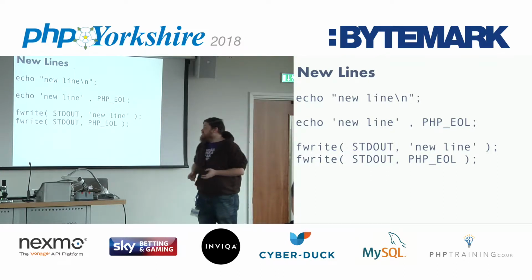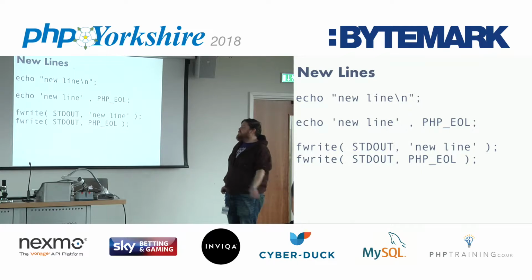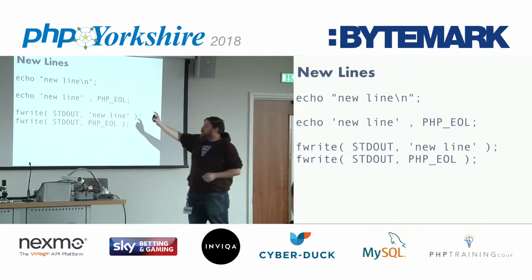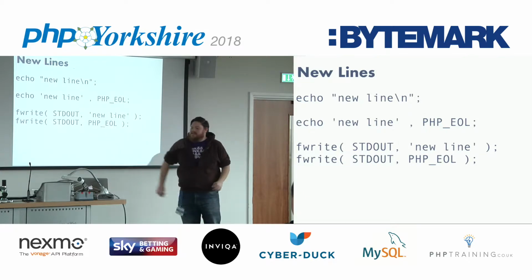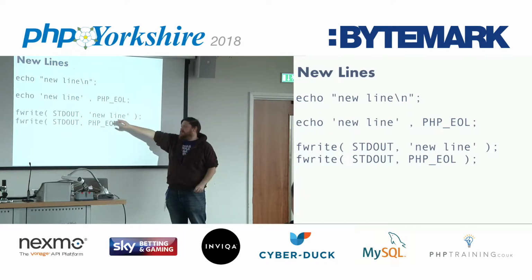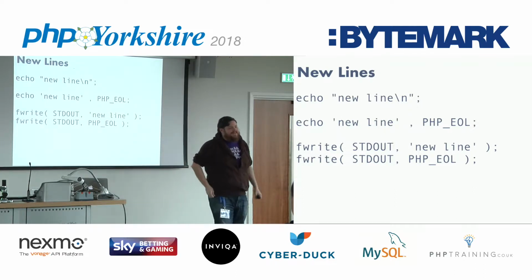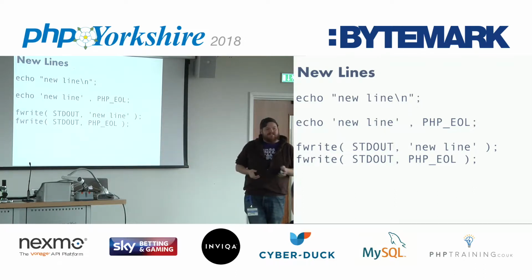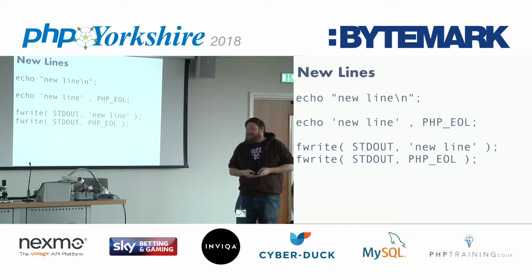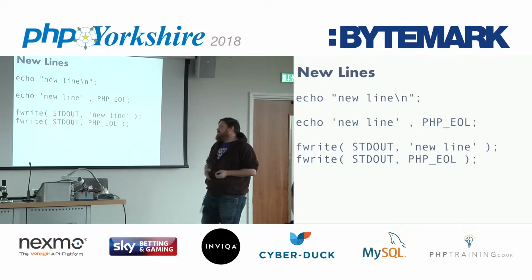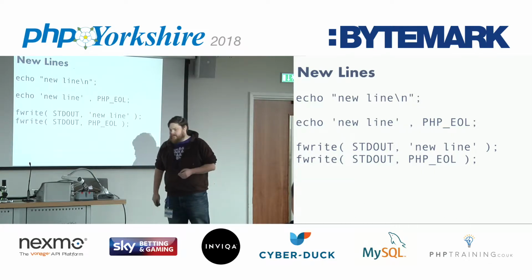If we want to write something out, we can do fwrite STDOUT, new line, fwrite STDOUT, PHP_EOL. When you're working in CLI apps, always write to standard out. PHP may or may not be using standard out when it returns something to the screen, so where possible, always fwrite to STDOUT that way.